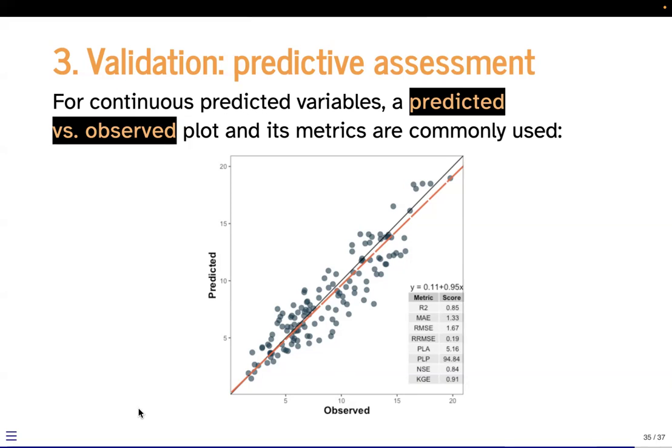So in our case, the observed here, you can think of as the cotton fiber strength in grams per tex. That is our observed value here. The predicted is what the model that I trained in the training phase is predicting that those cotton fiber strength values would be.